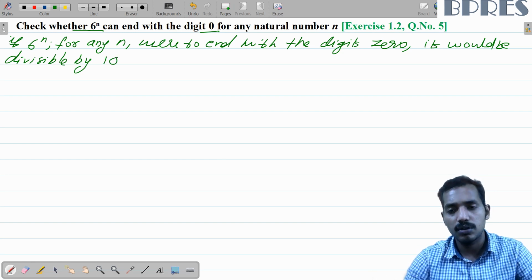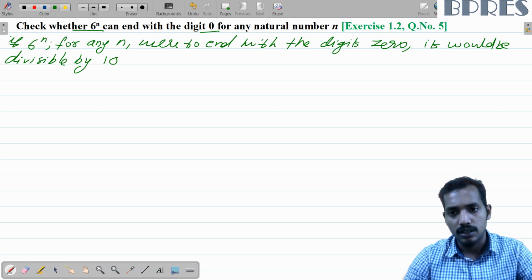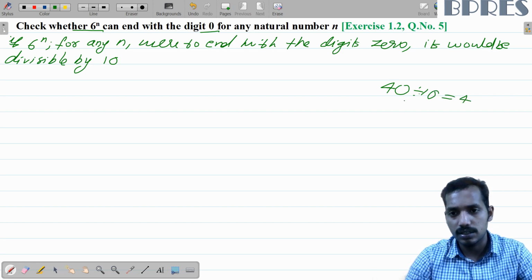Because, for example, whichever number you take, like 40, 40 is divisible by 10, which is equal to 4. So if a number ends with the digit 0, then the last digit is 0, which means it should be divisible by 10.